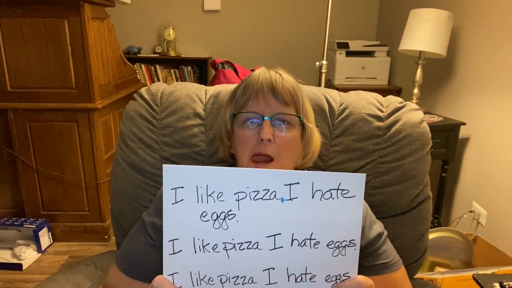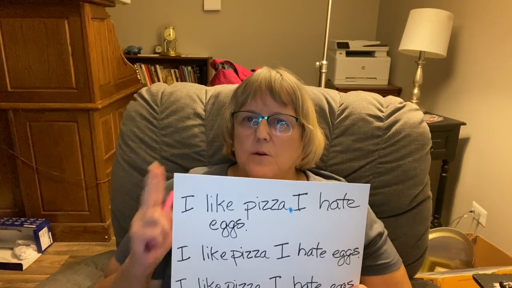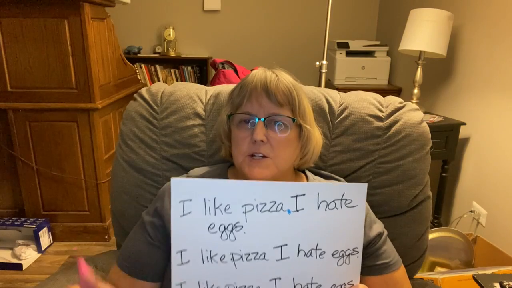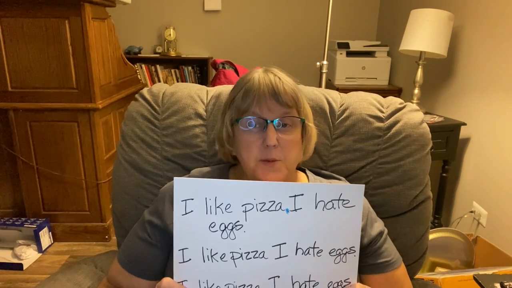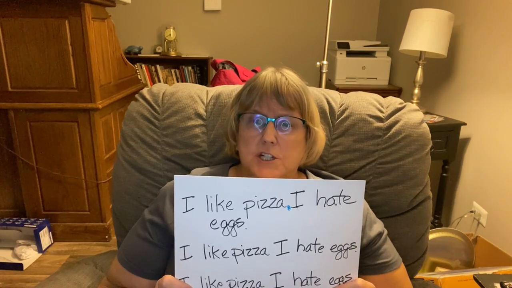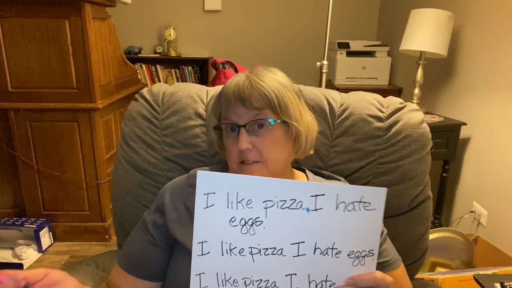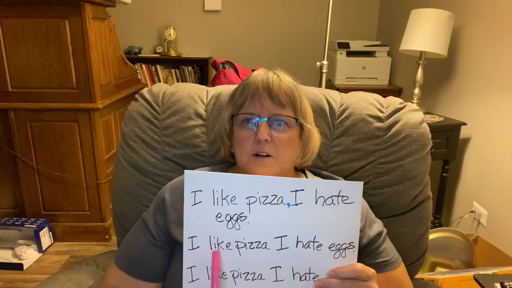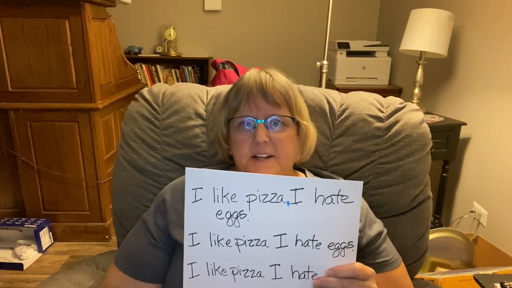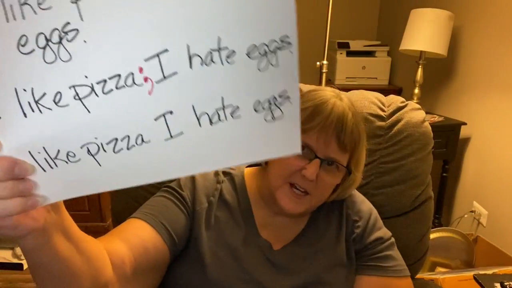Okay? Option number two is nearly as simple. It is one of the only two correct ways to use a semicolon, and to be honest, you will so rarely use the other one, I'm not even going to go over it this year. And it has to do with a long series. So here we have, again, I like pizza, I hate eggs. In order to put those together, you can put a semicolon.